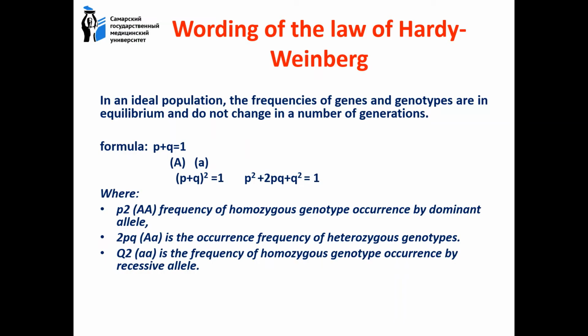The formula of the Hardy-Weinberg law is p + q = 1, or (p + q)^2 = 1, or p^2 + 2pq + q^2 = 1, where p^2 is the frequency of homozygous genotype occurrence by dominant allele, 2pq is the occurrence frequency of heterozygous genotypes, and q^2 is the frequency of homozygous genotype occurrence by recessive allele.